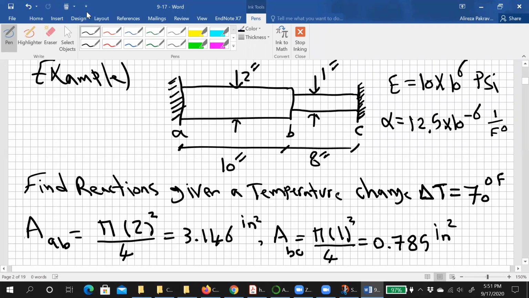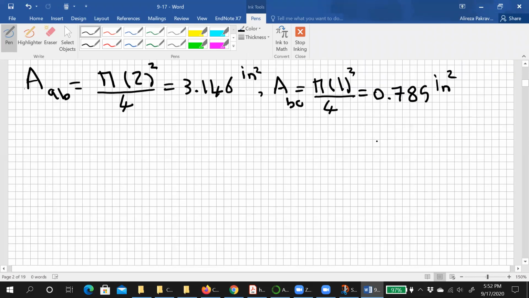We want to use a superposition, which means, first of all, release these supports and find the elongation just based on the temperature, and then we find the deformation based on reaction of this, and then add together and is equal to 0, and then we can find the reactions, right? So let's see.